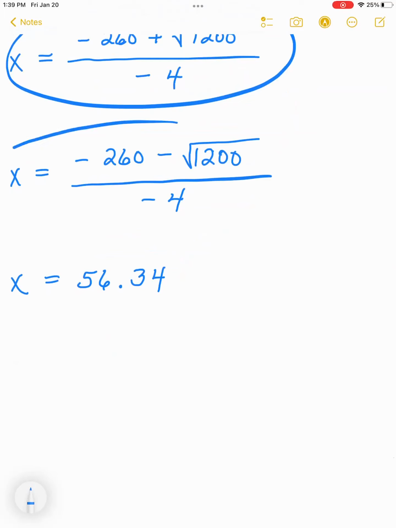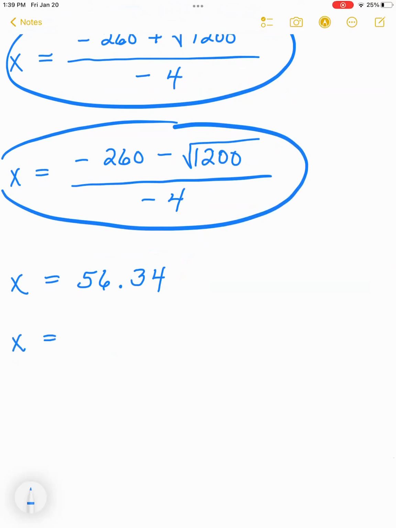And let me go back to this solution. I'm just going to type all this in my calculator, -260 minus the square root of 1,200 equals, and then divide by -4. And that looks like that equals 73.66 rounded. So I've got my two solutions to my quadratic equation.